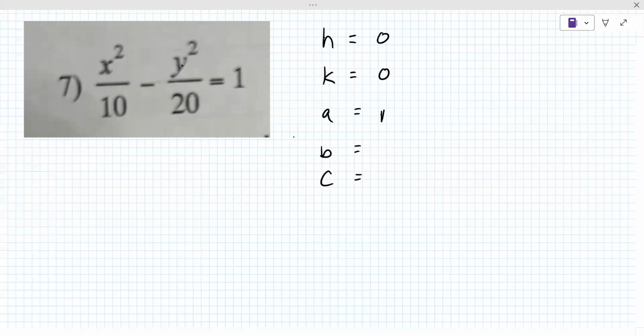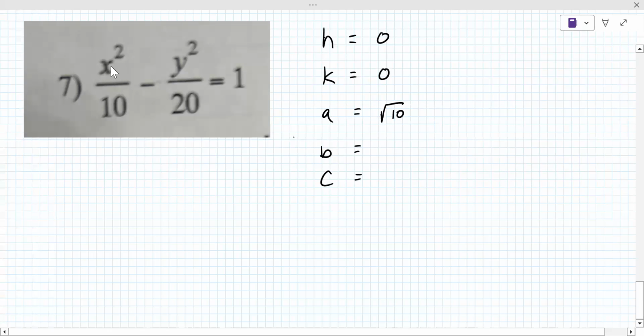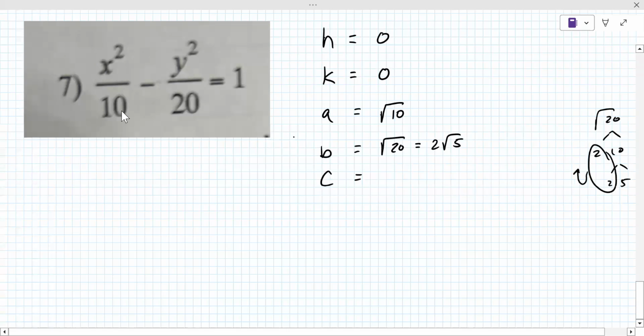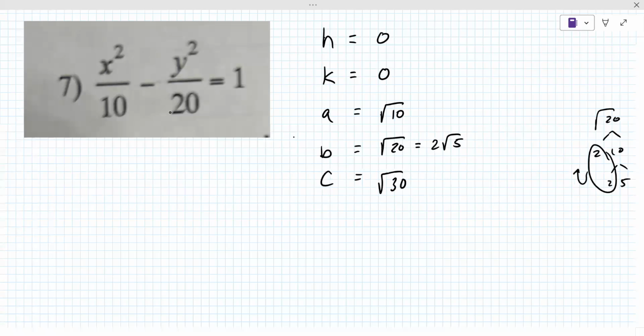So A is the square root of 10. A is always under the first one. B is the square root of 20, which does reduce. We'll come off to the side and do that. 2 and 10, 2 and 5, so 2 square root 5 for that one. For C, you take the two original numbers and add them together. That's 30.